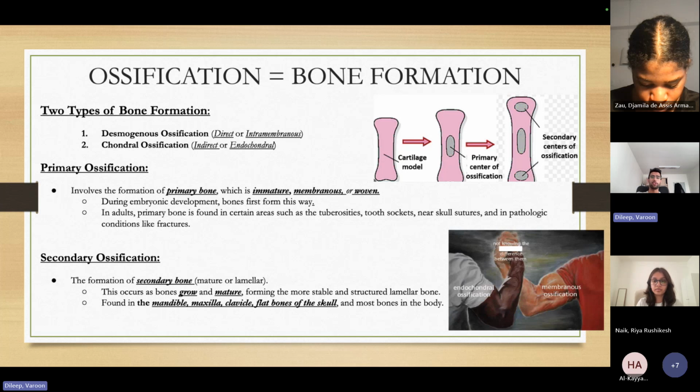Just to summarize this again, we can take an example of a house. Desmogenous ossification is just directly building the walls of the house. When you talk about chondral ossification, we start off building the walls of the house with a temporary material like cartilage, and then this gets slowly replaced by a strong material.